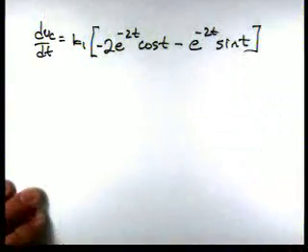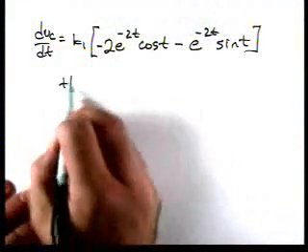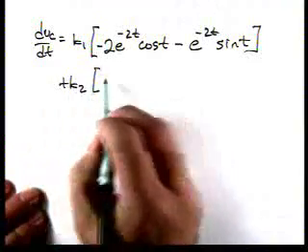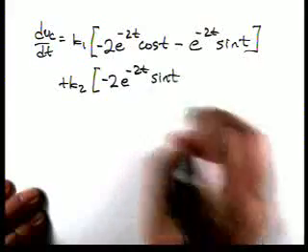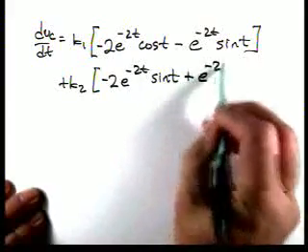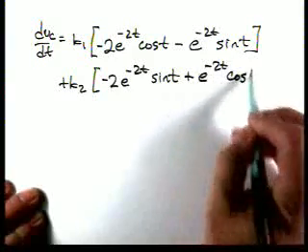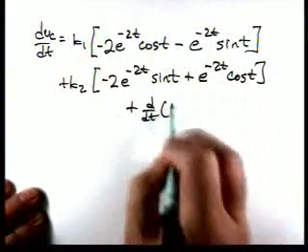Or really not chain rule, really it's the derivative of that function e to the minus 2t cosine t we're taking the derivative of, and then we got K2 times minus 2 e to the minus 2t sine t plus e to the minus 2t cosine t, and then plus, of course, the derivative of K3, which is 0.